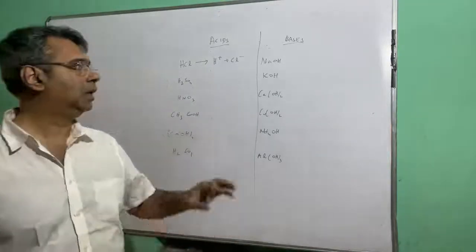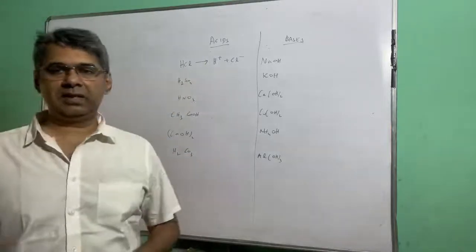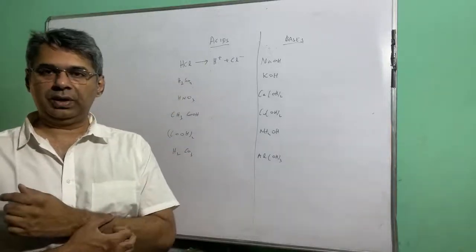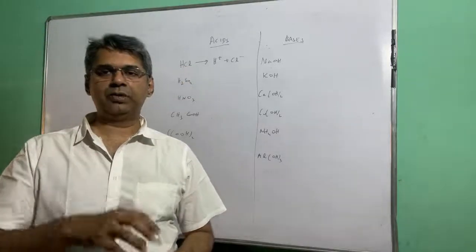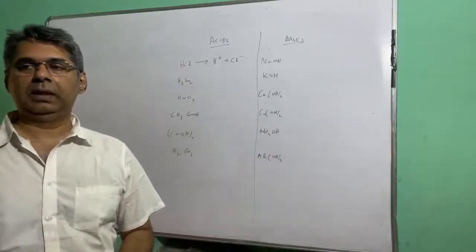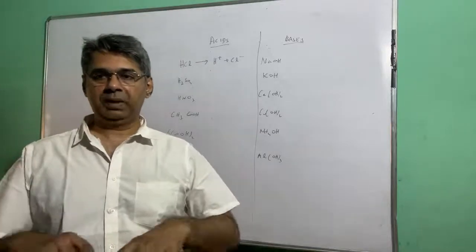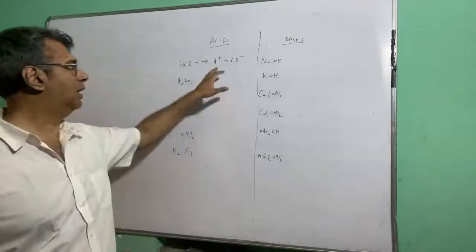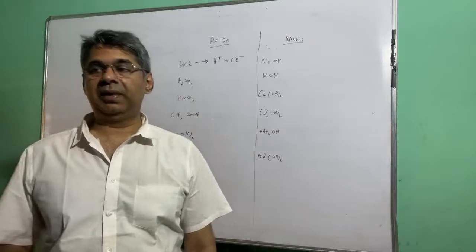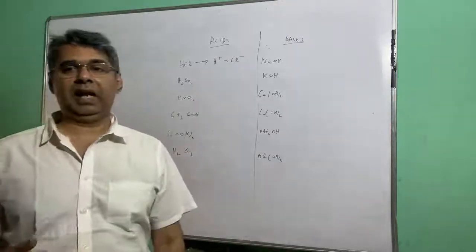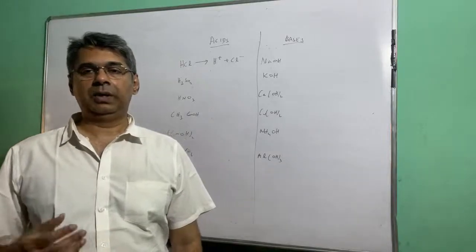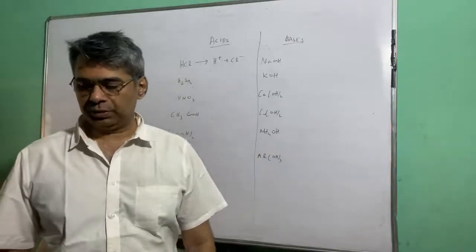As soon as you put hydrogen chloride gas in water, you will get hydrochloric acid, and in that medium you will have H plus and Cl minus ions. In fact, later on you will see that this is the reason why acids and bases are reactive, because of the ions which they produce in solution.